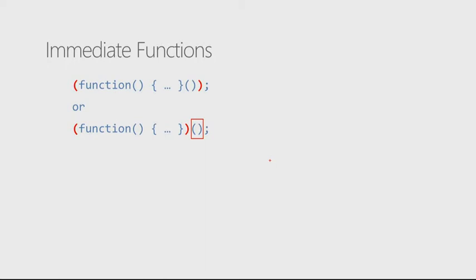Both styles work. The main reason why you would do this is because you want to have the code, which is really represented by the ellipsis in both of these examples, execute as this is being processed.